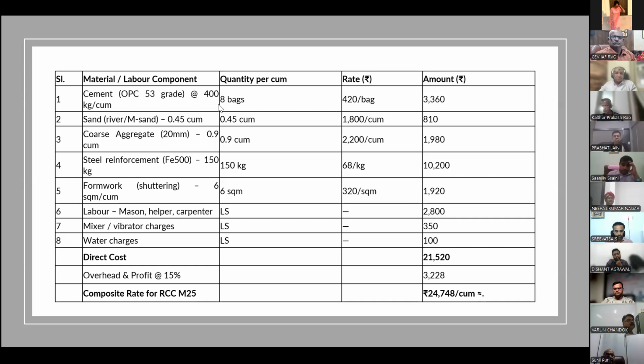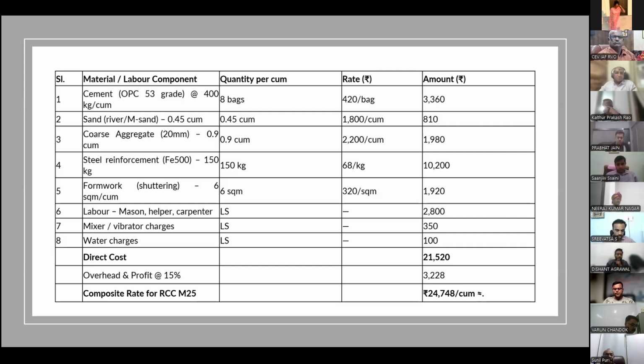So for 1 cubic meter of RCC, cement concrete, you need 1.52 cubic meter of dry mortar.